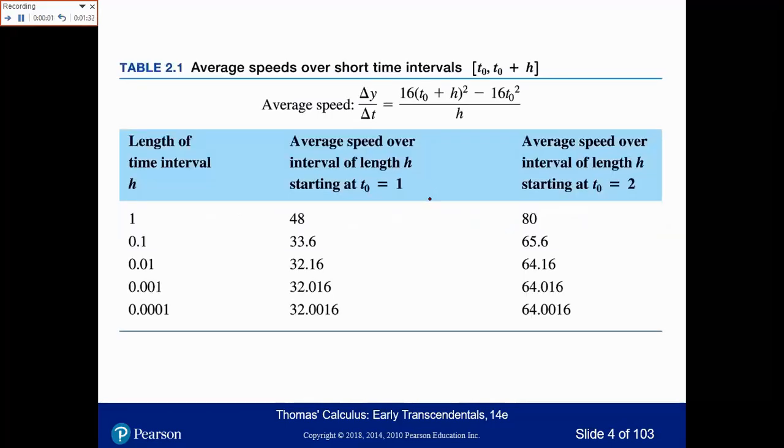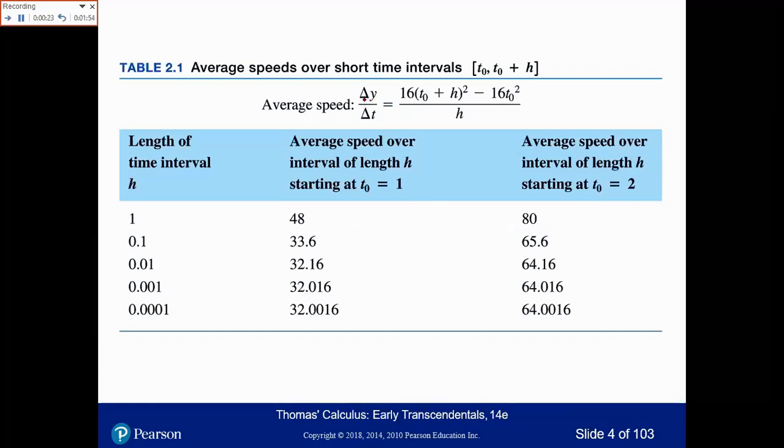Now, let's take a look at this equation. This is the same equation as the one that I just went through at the beginning, right? The only thing is, this is called delta y.